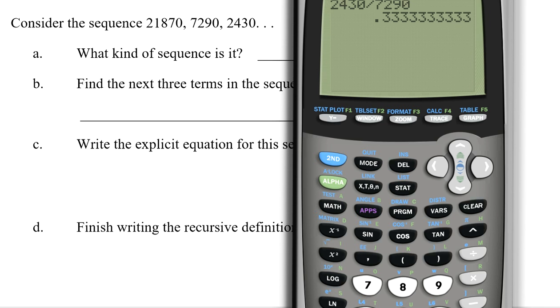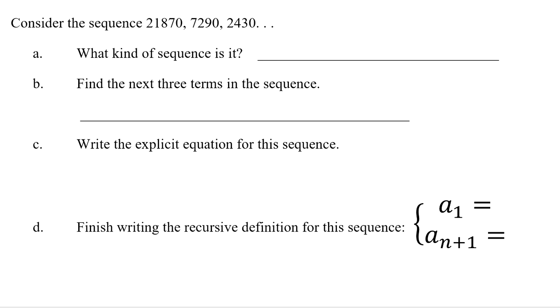And in fact, if I take the 7290 and divide that by 21,870, I also get 1/3 repeated. So I happen to know that that's the ratio of 1 to 3. It's 1/3. So what's happening as I move forward here is I am multiplying by 1/3. Each new term is 1/3 the size of its predecessor. So this is a geometric sequence.